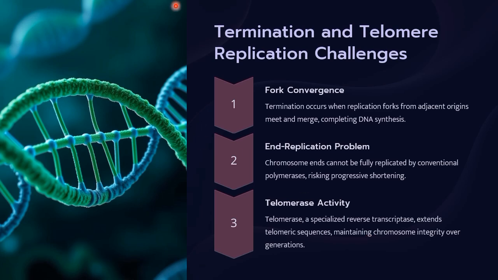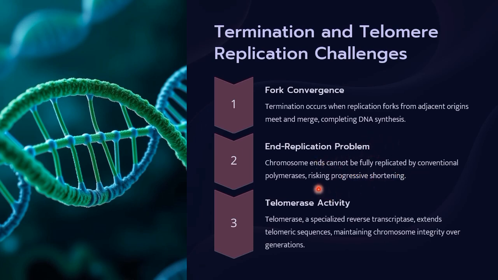In fork convergence, termination occurs when replication forks from adjacent origins meet and merge, completing DNA synthesis. Whereas in the end replication problem, chromosome ends cannot be fully replicated by conventional polymerases, risking progressive shortening.